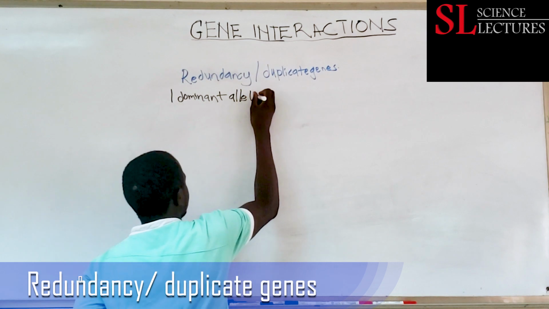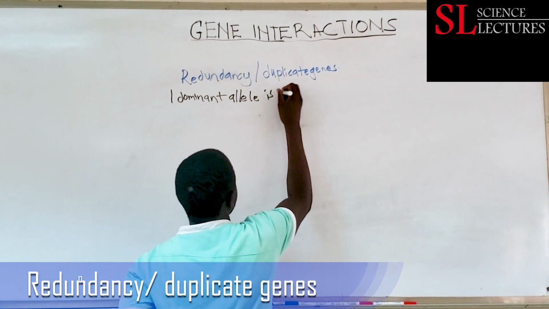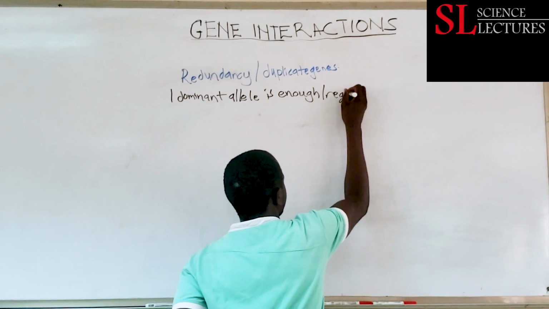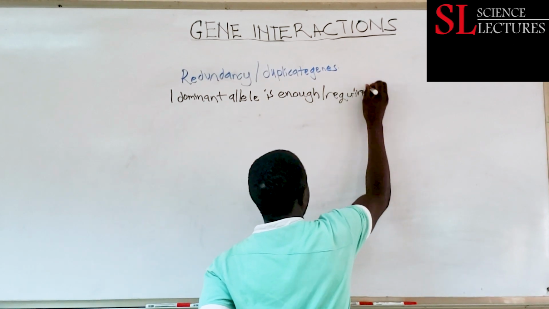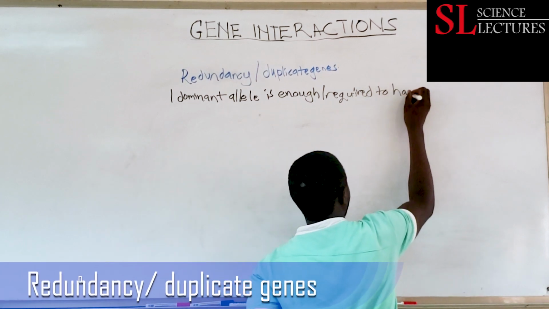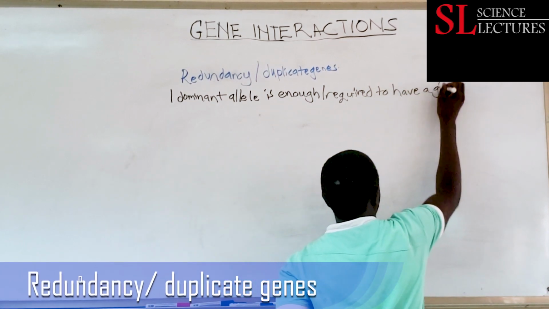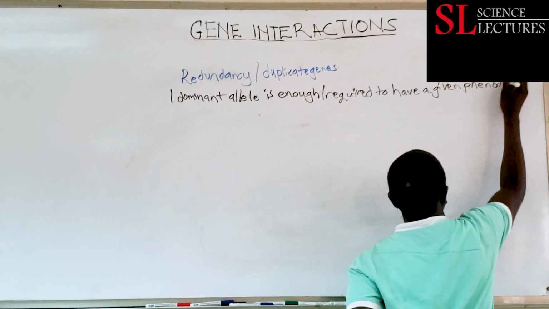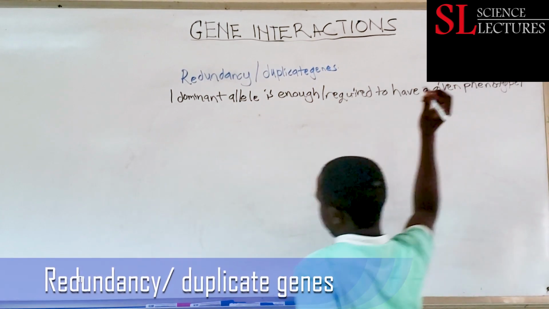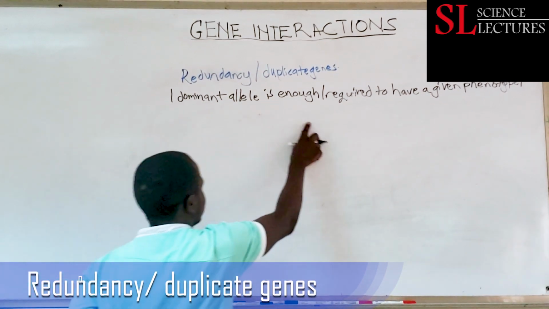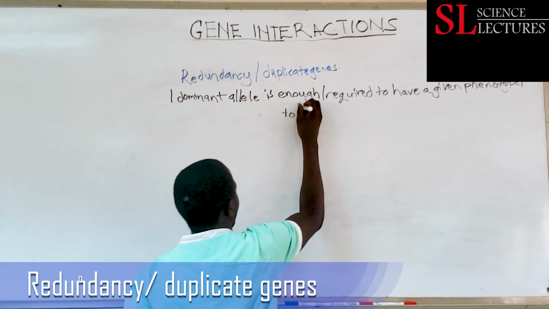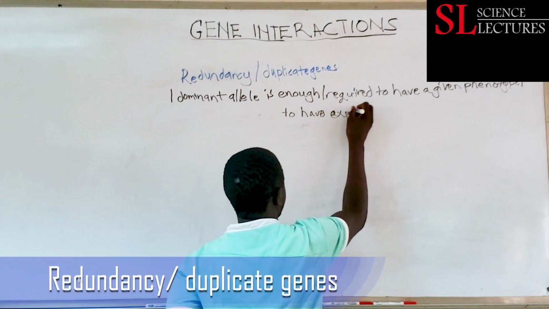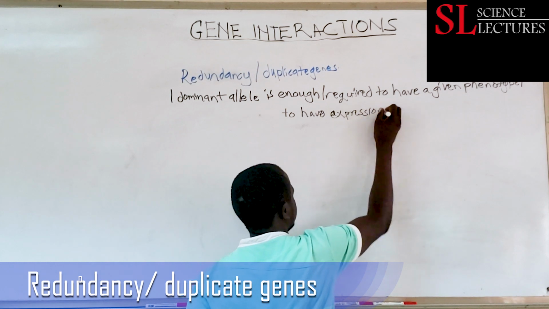A dominant allele is enough, or is required, to have a given phenotype, or one dominant allele is enough to have expression of a given trait.